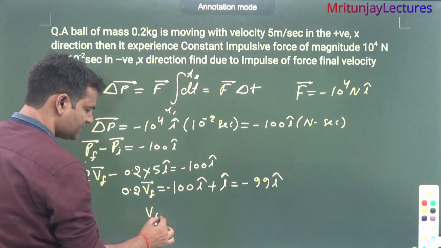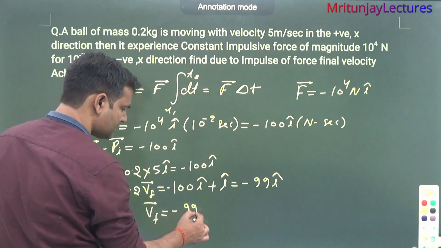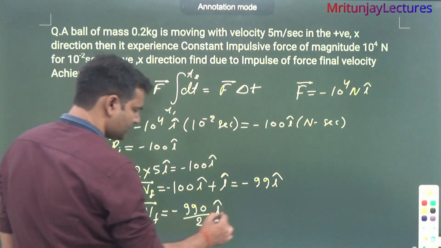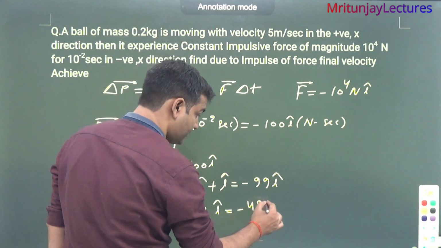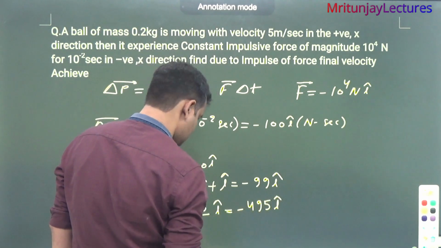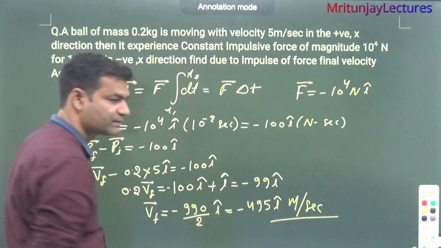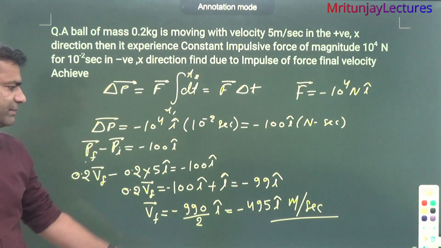The final velocity is minus 99 divided by 0.2 into i cap, which is minus 495 i cap meter per second. Clear or not? Very simple.